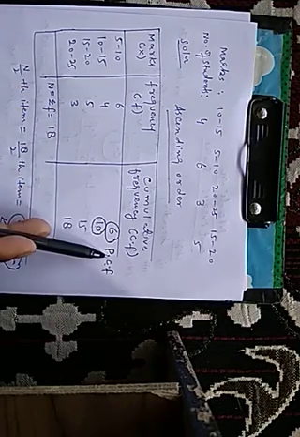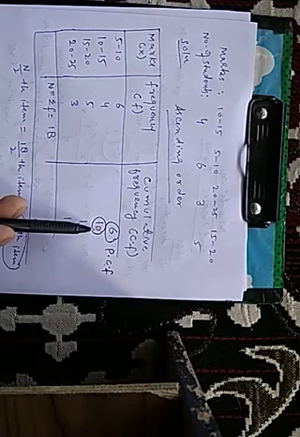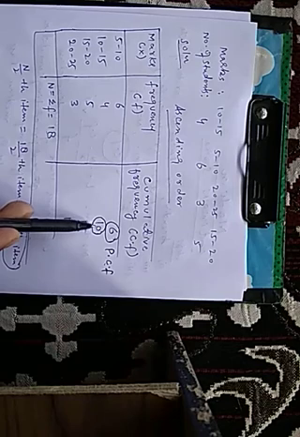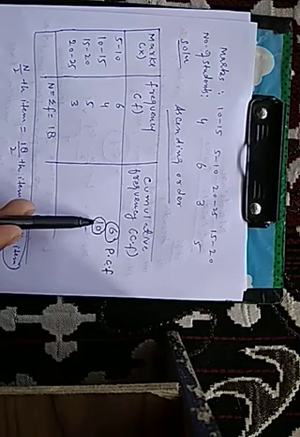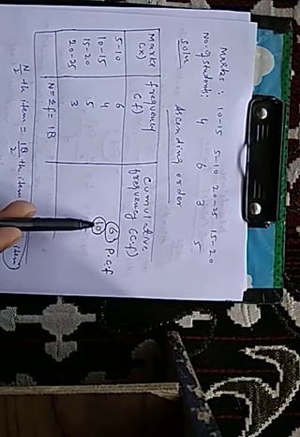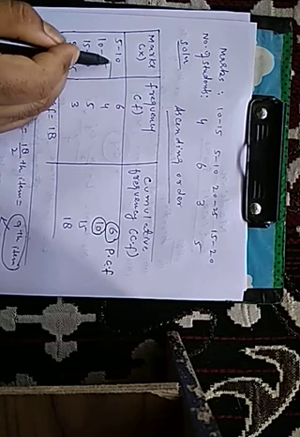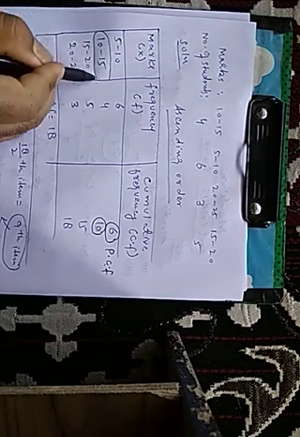This is the preceding cumulative frequency of the median class. As this 9th value lies in this cumulative frequency 10, and this is the cumulative frequency of this class, that is 10 to 15, therefore this will be the median class.